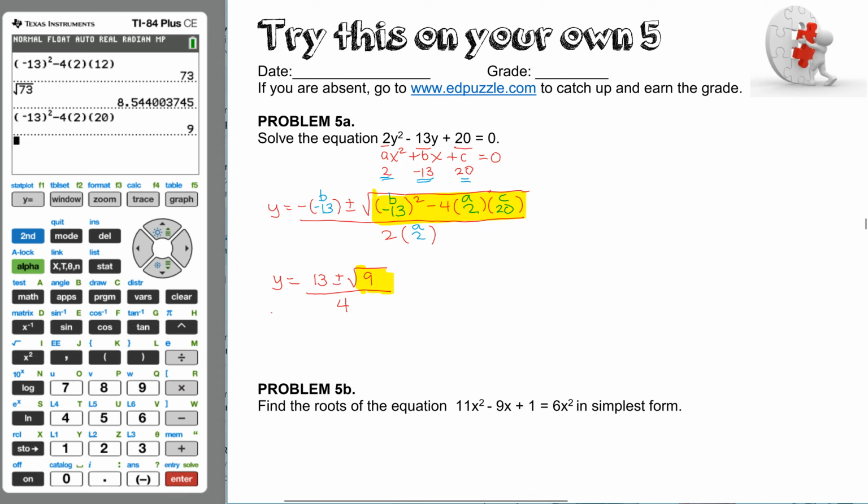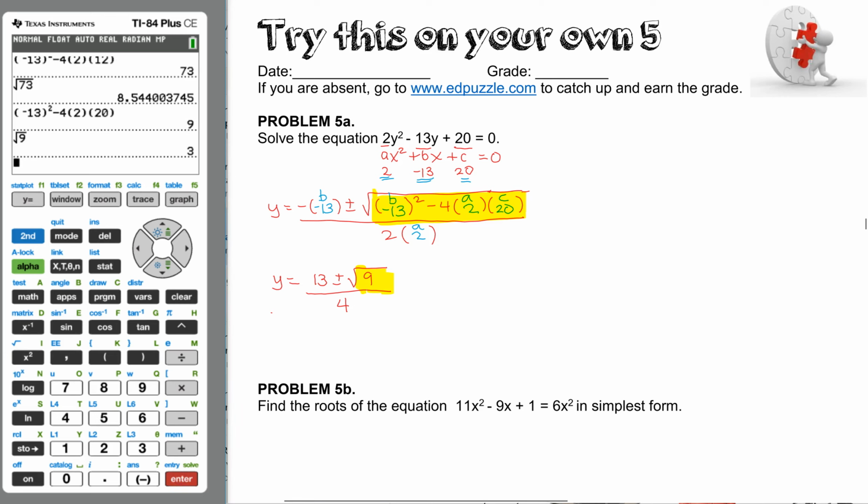Now let's check if there's a square root of 9. So second square root of 9, press enter. There is a square root of 9 which is actually equal to 3. So I can write this now as y equals 13 plus minus the square root of 9, which is 3, divided by 4.